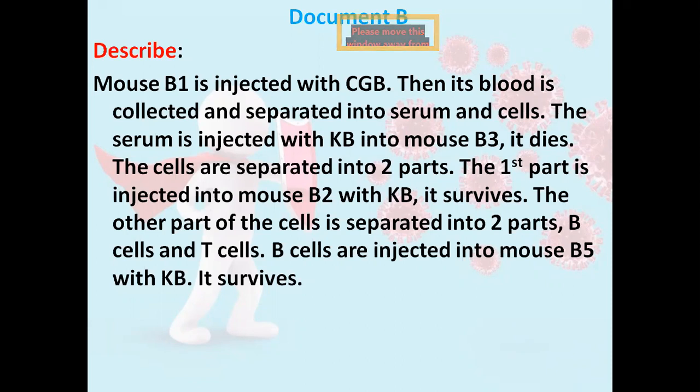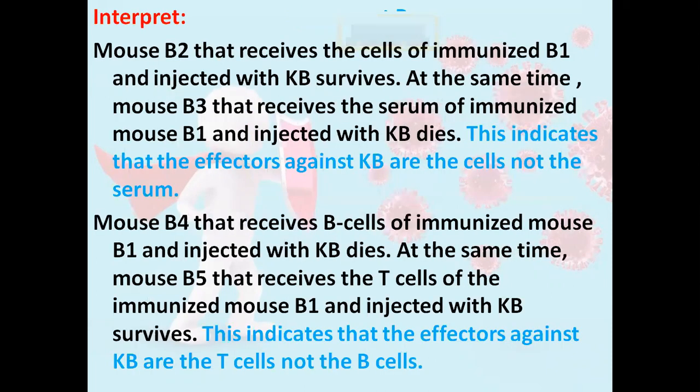B cells injected into mouse B5, it died. So mouse B2 that received the cells of immunized B1 and is injected with KB survives. At the same time, the one that received the serum dies. This indicates that effector cells against KB, against the bacillus, are found inside the cells and not the serum. And then we indicate that the effector cells against KB are the T cells and not the B cells.